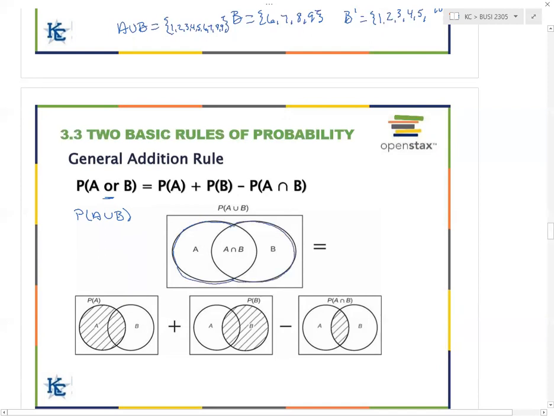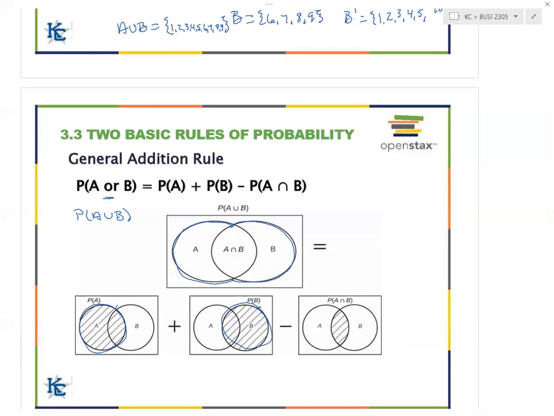But if we didn't draw the picture and we were just looking at the numbers, the probability of A plus the probability of B, we then do A intersect B twice. It gets written over twice.